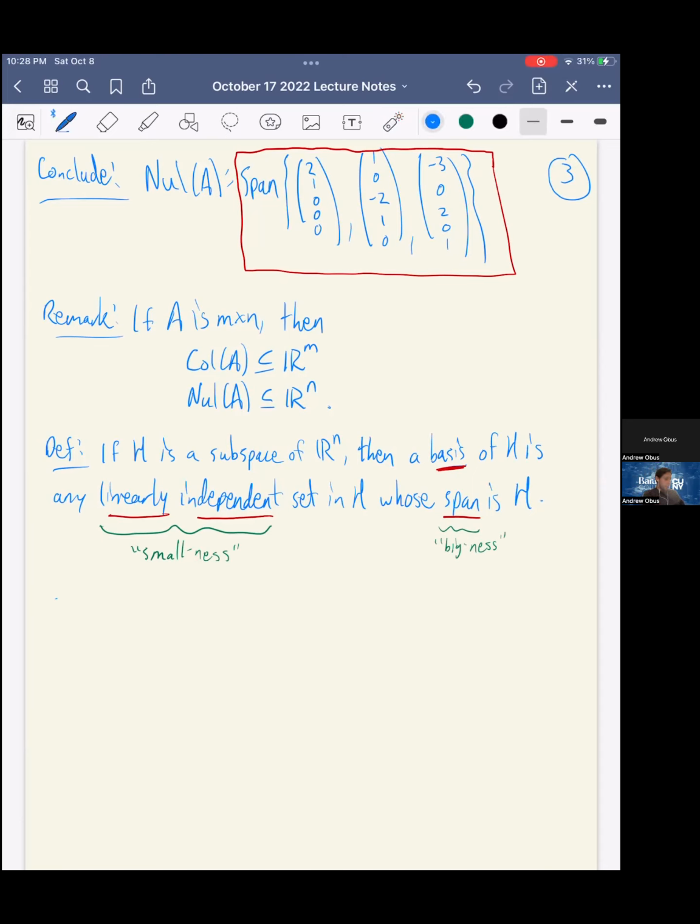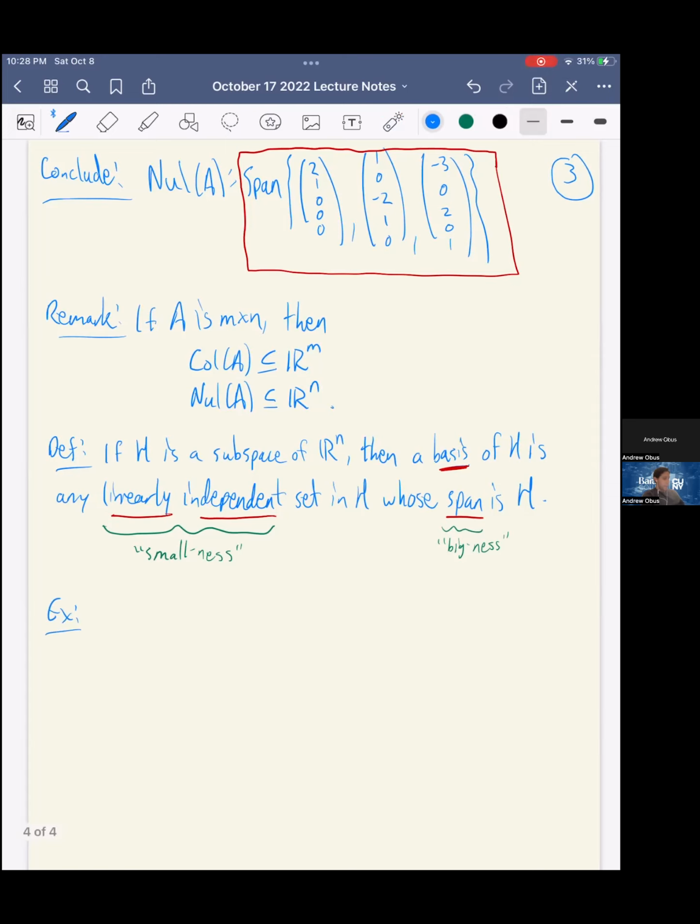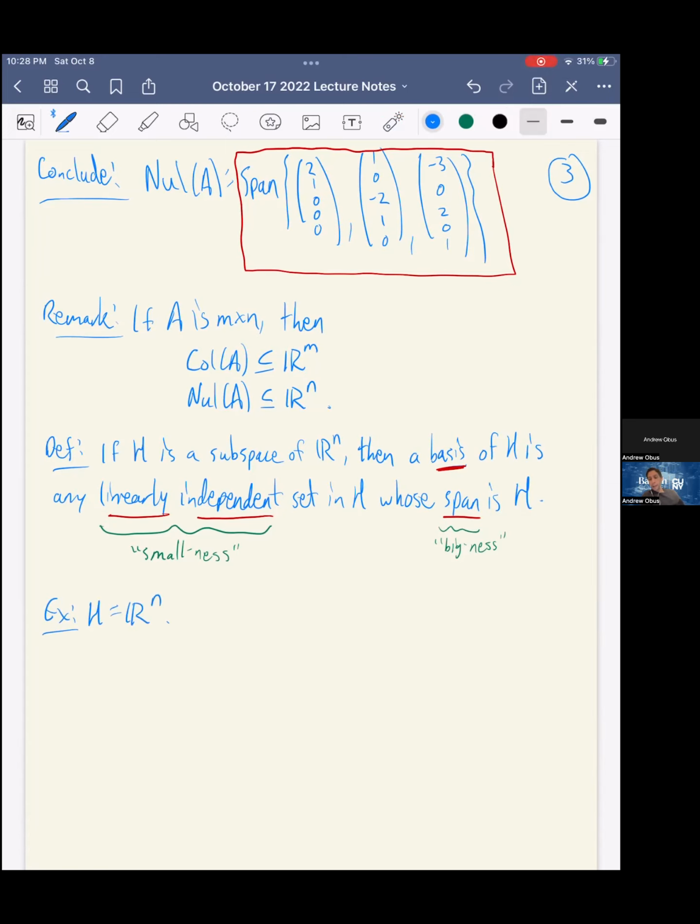So let's just do a couple of examples to start with. One example, we could take H to just be all of Rn itself, right? Remember, we showed in class last time that Rn is a subspace of itself. So then the following set is a basis. The set E1, E2, up through En is a basis.